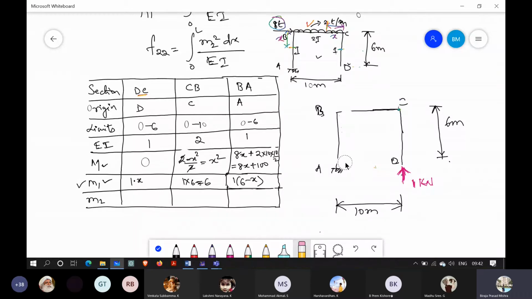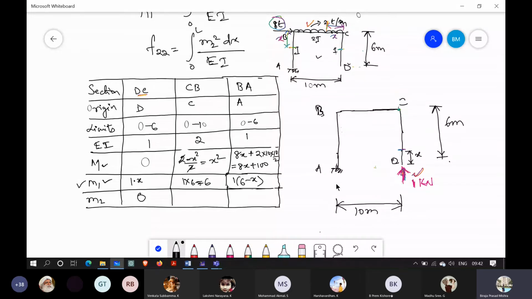That we will find out here. So let us take a section here. If we take the section here, then what will be the moment contribution due to this force? This force of 1 kilonewton is passing through this point, so the moment contribution will be 0.